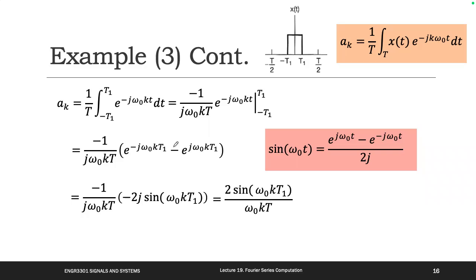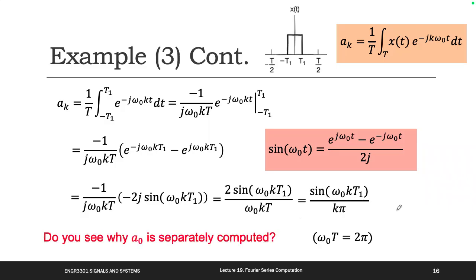Okay, let me ask you questions. Omega naught T equals 2 pi. Since omega naught T equals 2 pi, we have this equation. Am I right? And then let us talk about one question. Do you see why the A naught is separately computed? You can see this is k, right?